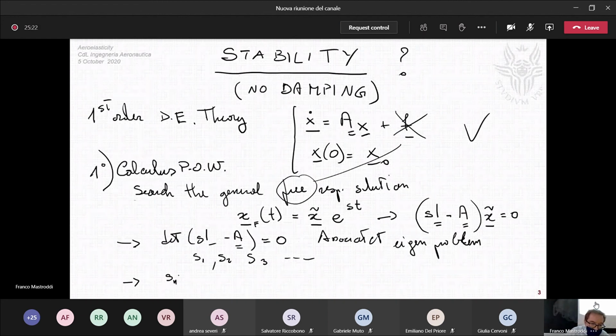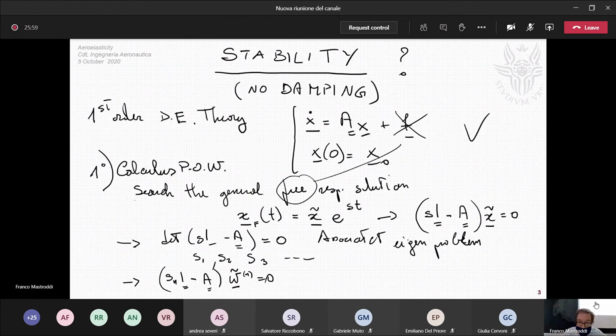For the n eigenvalues, you have the n eigenvectors W tilde n. And so you have many, not only one, you have many elementary solutions satisfying your differential problem, and such that they are not trivial. And the linear theory guarantees that the general solution is a combination of all of these.